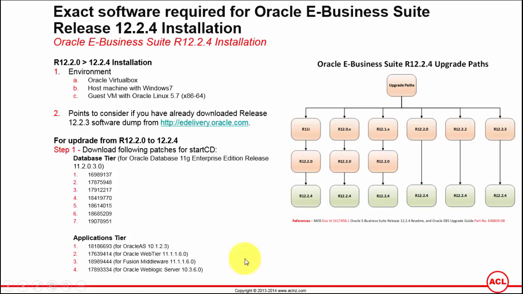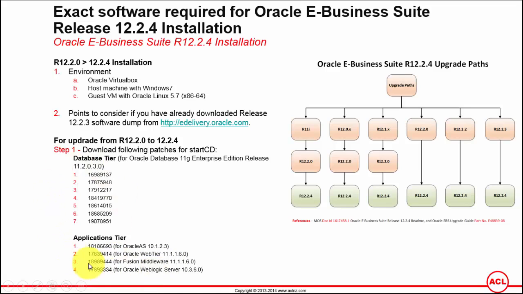For example, if you are in Oracle AS, then you've got to change the Oracle Home pertaining to Oracle AS prior to applying this patch. Then similarly, you've got to change the Oracle Home for Web Tier to apply this patch, then change the Oracle Home again to apply this patch for Fusion Middleware, and finally change it again to apply this patch for Oracle WebLogic Server.